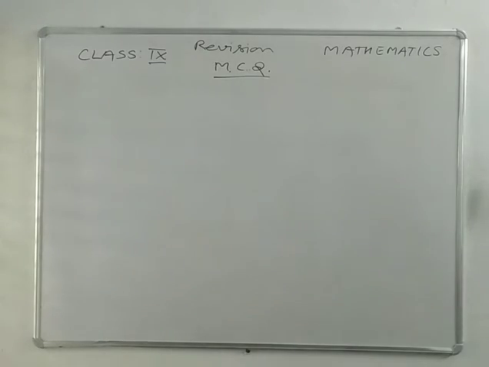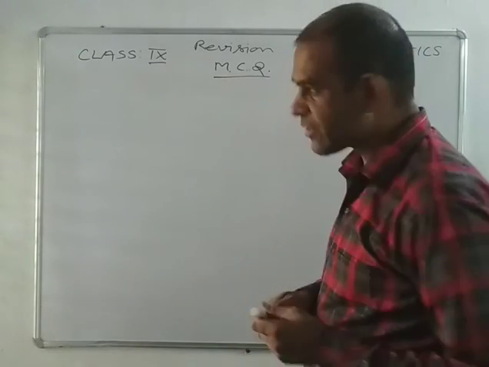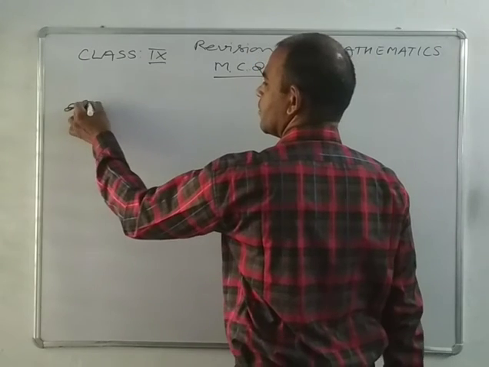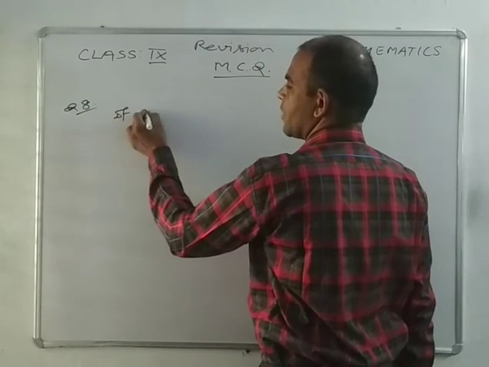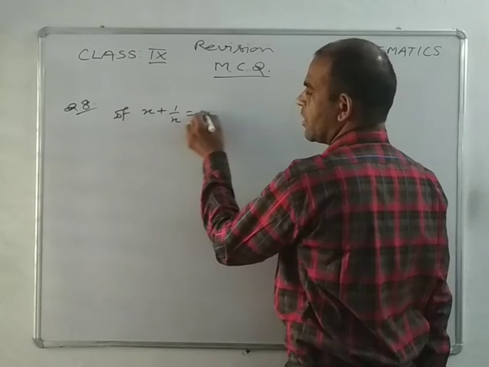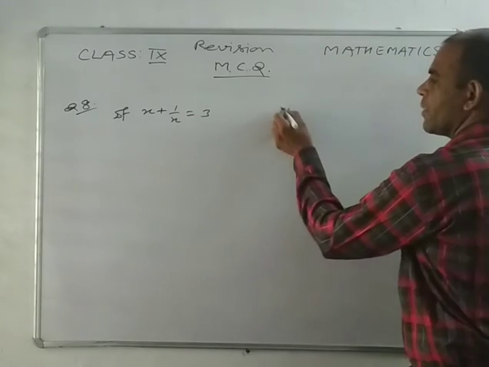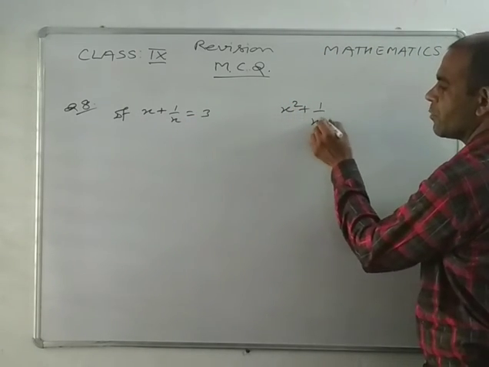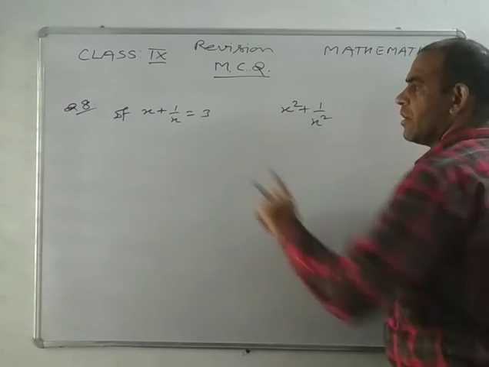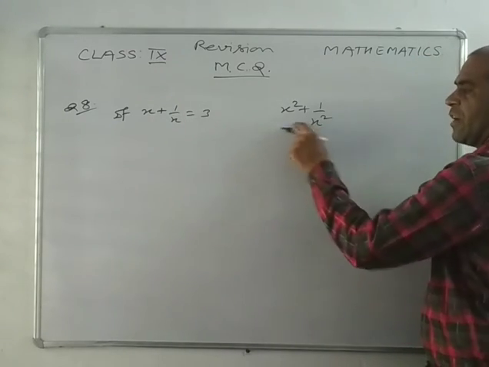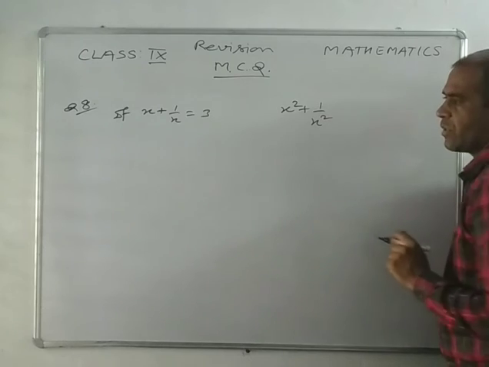Next question is, if x plus 1 upon x equal to 3, find the value of x square plus 1 upon x square. a plus b is given and we have to find a square plus b square.